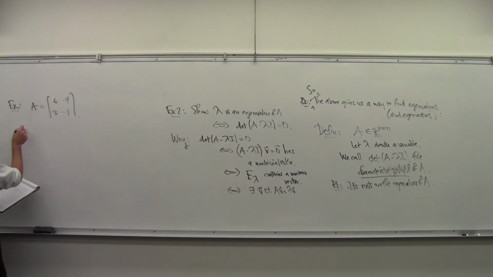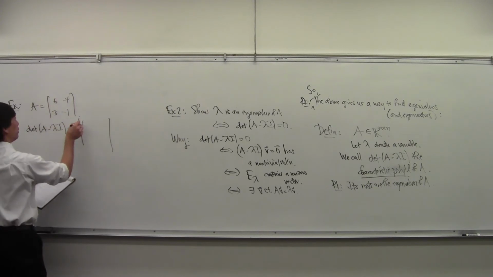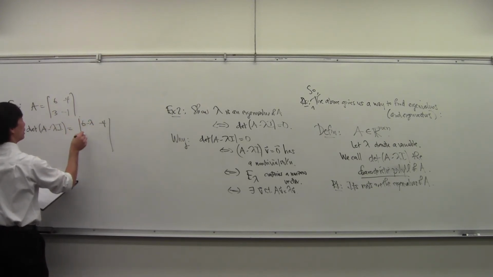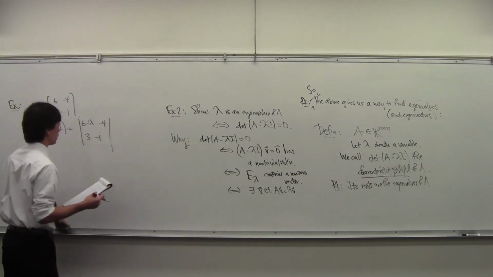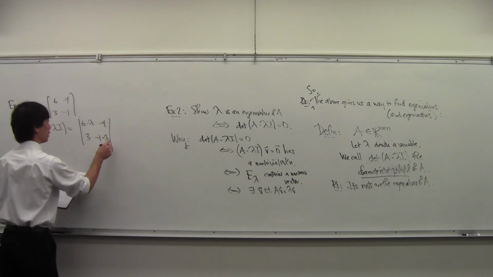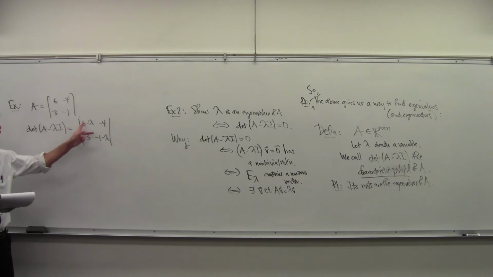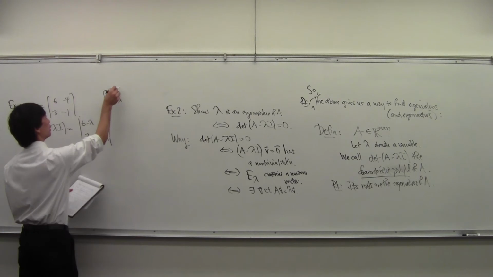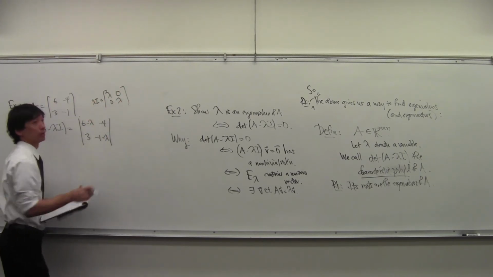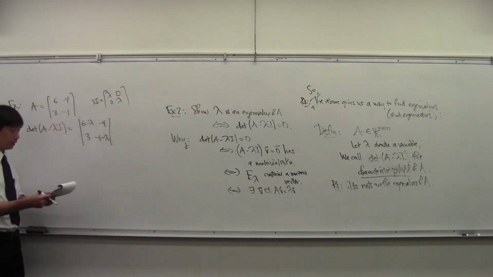Then you get the characteristic polynomial, the determinant of A minus lambda I. Lambda I is, of course, the matrix [lambda, 0; 0, lambda]. So you subtract that from A, you get this matrix, and you take its determinant.